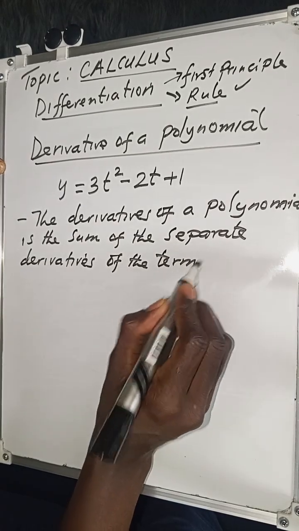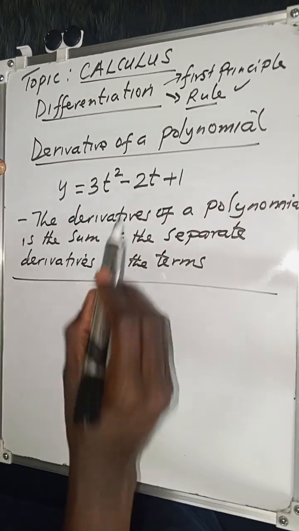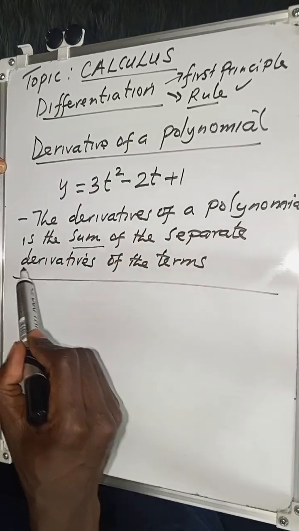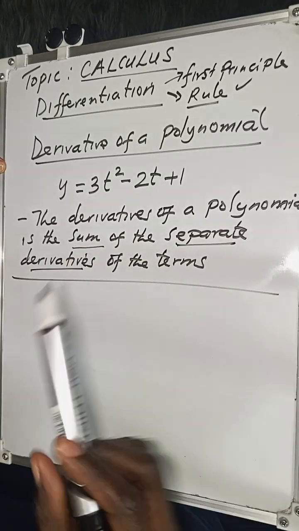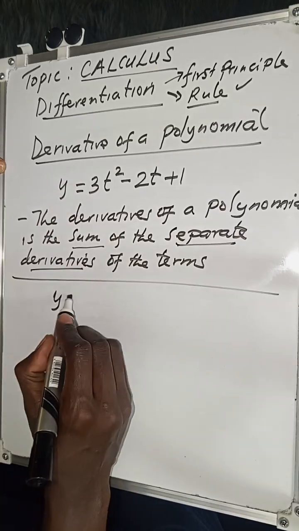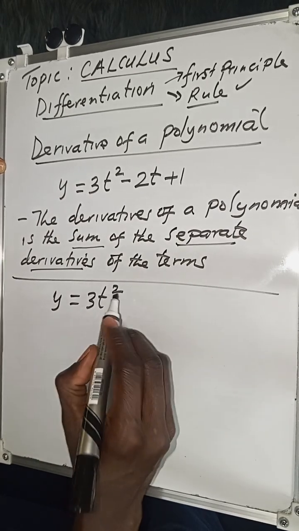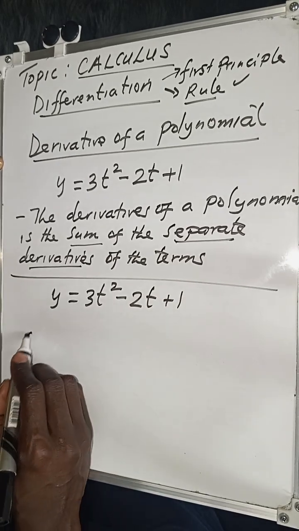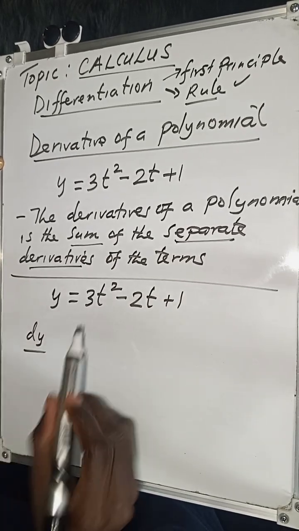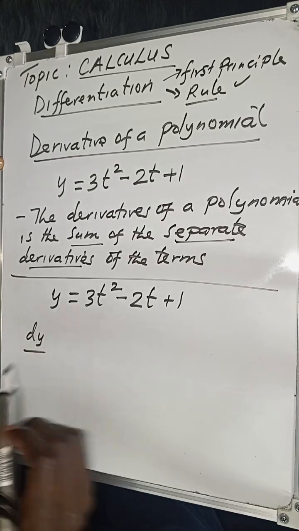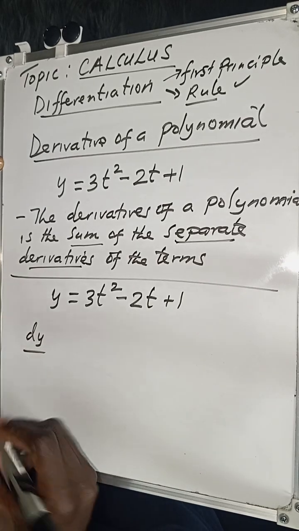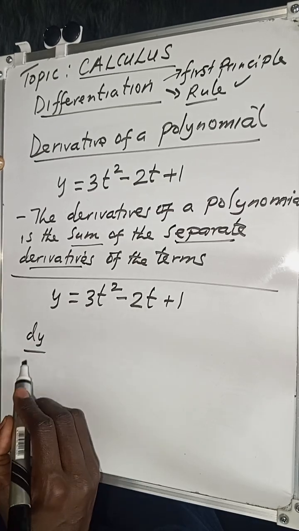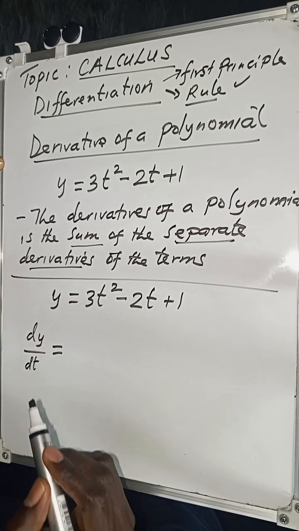So each term that you have, that's what we mean. What do I mean when I say for a polynomial it's the sum of the separate derivatives of the terms? Well, if you have y is equal to 3t raised to the power 2 minus 2t plus 1, you're going to say dy over, remember what letter do you have there that is changing? It's actually t. So we can say dy over dt will be equal to what?